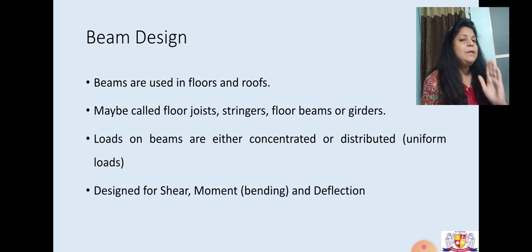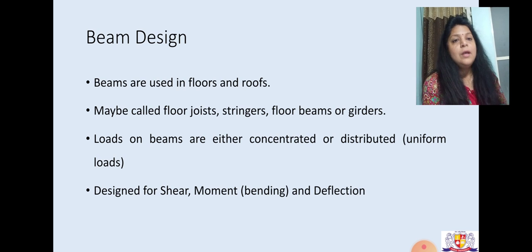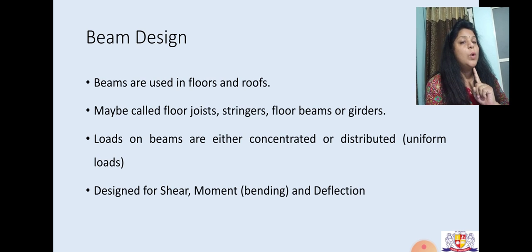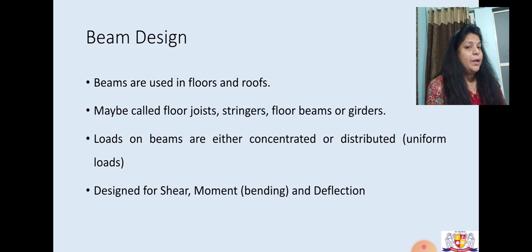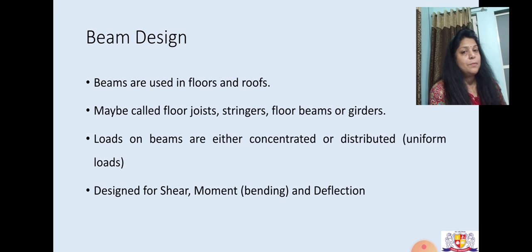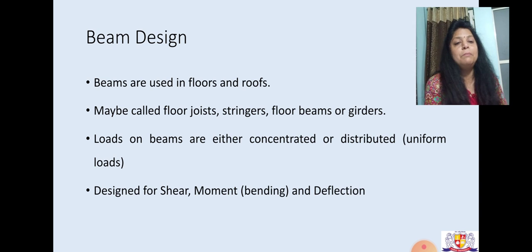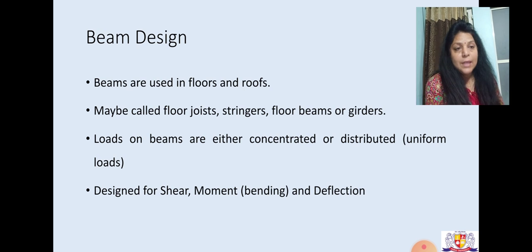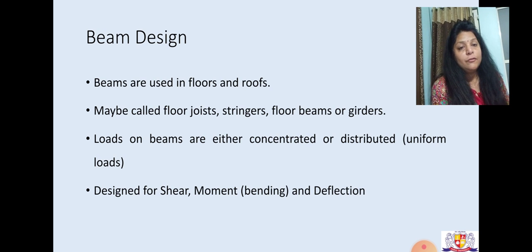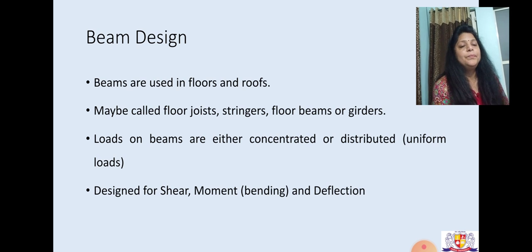The beam is also subjected to this kind of load, which is basically transferred with the help of a vertical member, which is called a column. Also, in the third semester, you're going to study shear force, bending moment, deflection. So beam is basically designed for shear force, bending moment and deflection.